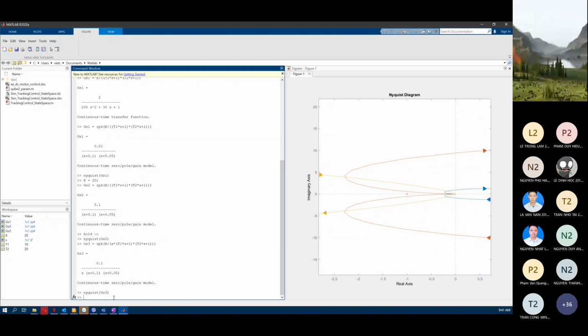Okay, we try to verify it by GK3 equal to feedback of G(s)3, 1.